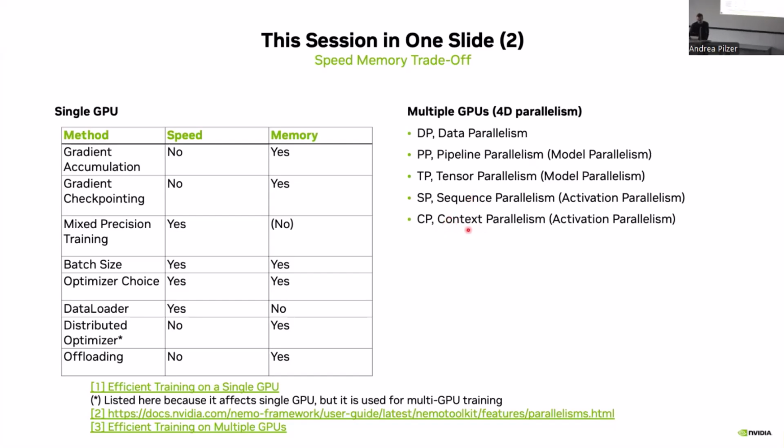And then context parallelism is useful to train models that have a very large context. So I don't know, this Llama 3.2 128K context. You need to be able to parallelize the sequence, so your sentence effectively, into multiple GPUs, otherwise you would never be able to fit it. So these are a lot of techniques.